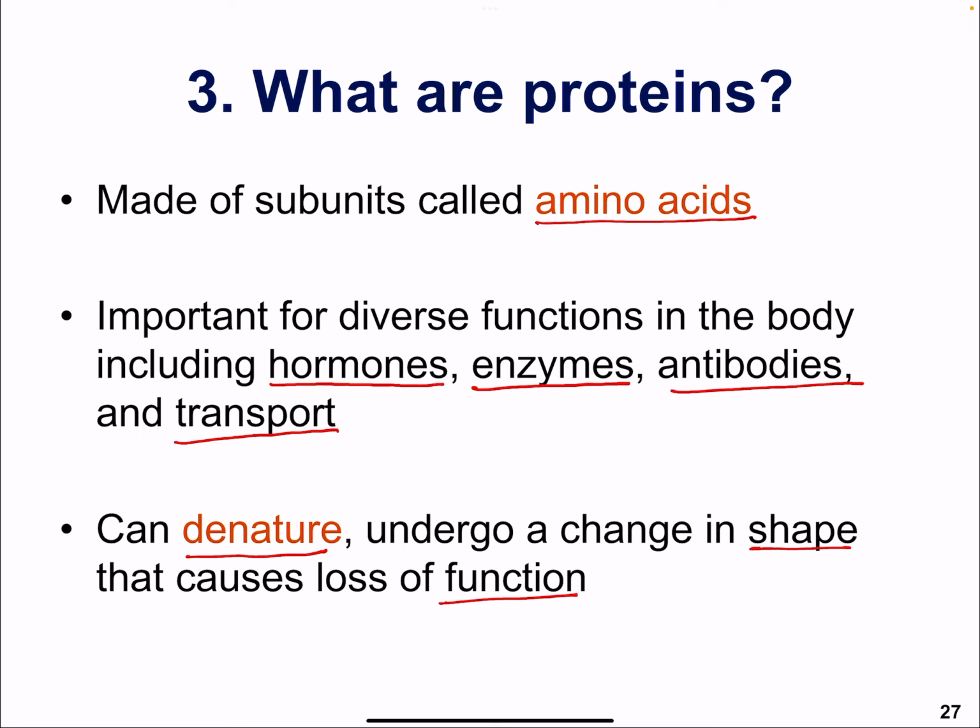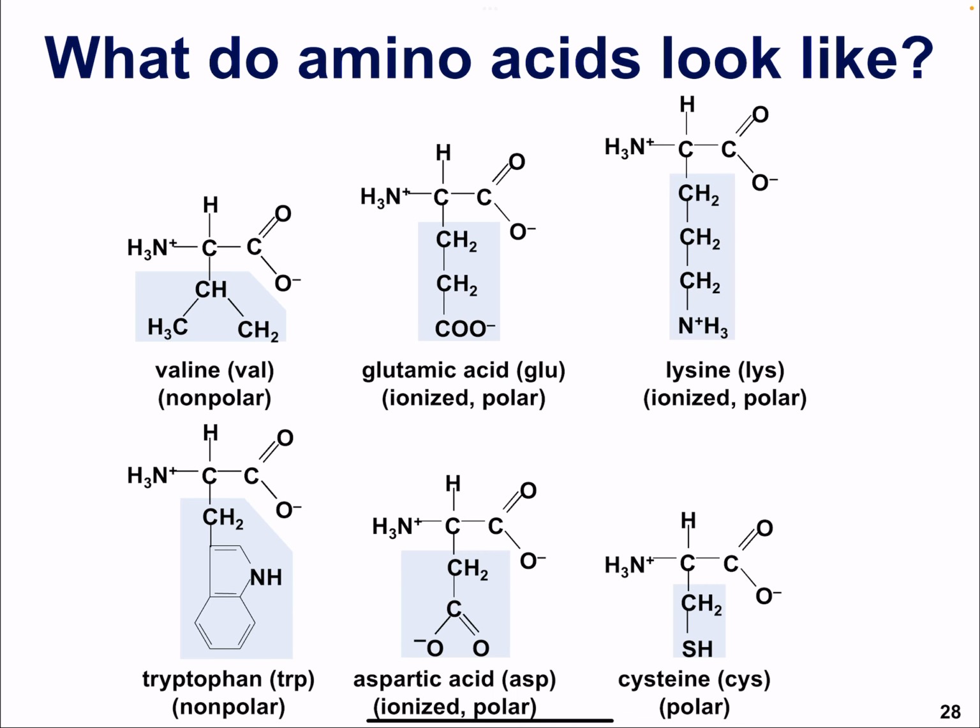This is the reason why it is very important for our body to keep the inside temperature at 37 degrees Celsius. That's why we have homeostasis, right? It is very important also to maintain our internal pH at around 7.4 for the same reasons.